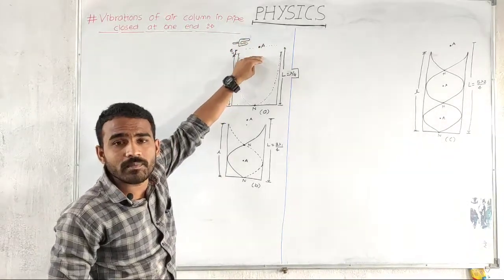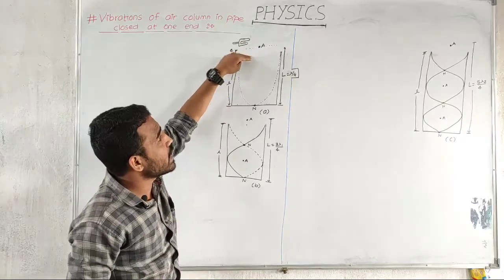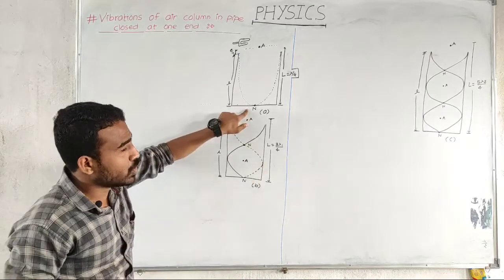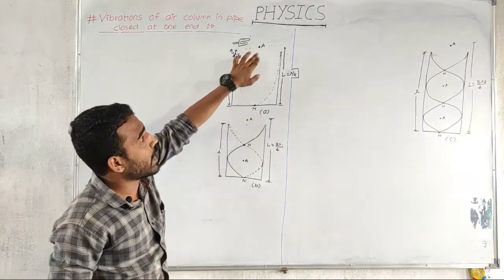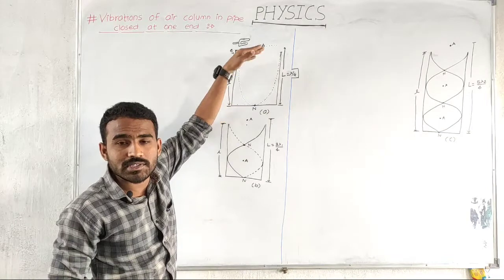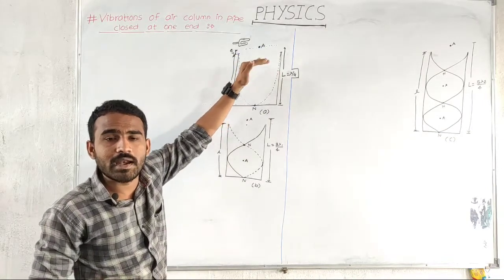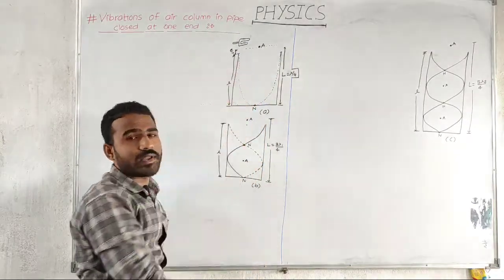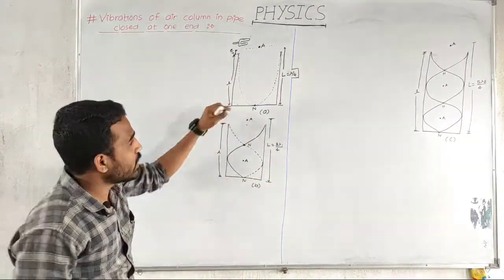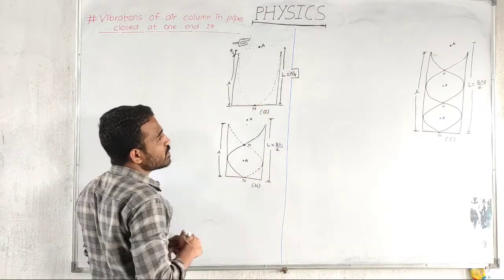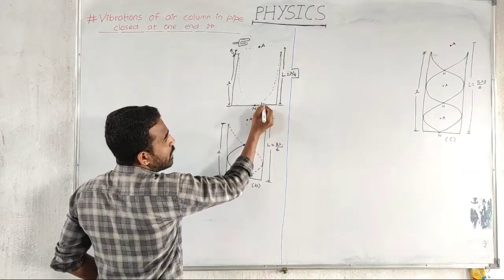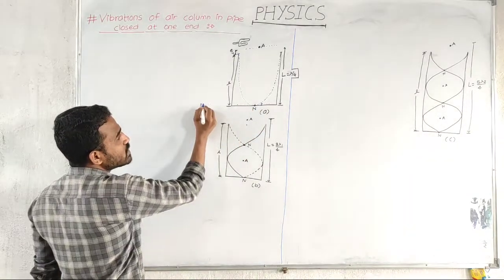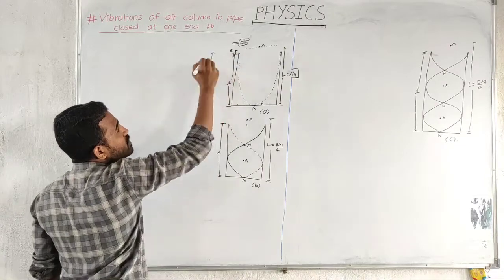Nodes are always at the closed end, and antinodes are always at or slightly beyond the open end, because here the particles can move freely as compared to the closed end. Here the particle can vibrate only up to this point because of the rigid end, so there is minimum displacement, but this particle can vibrate with maximum displacement.